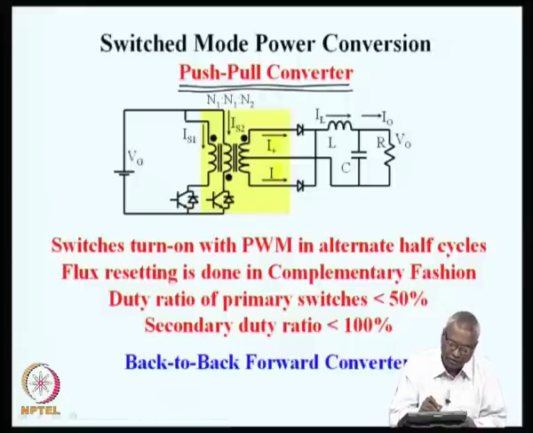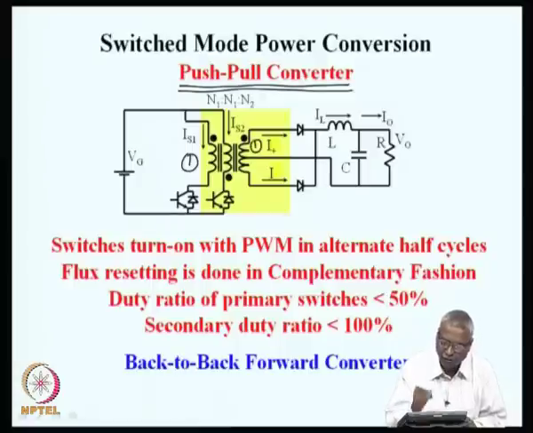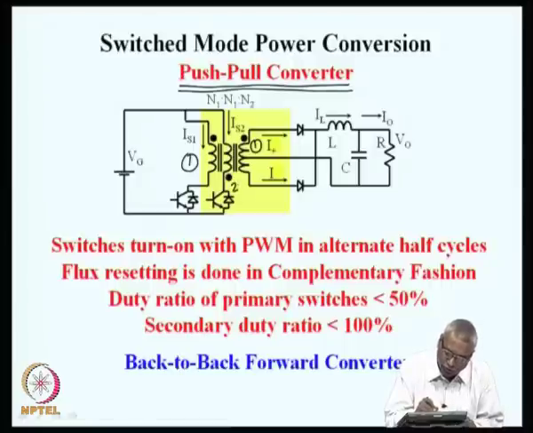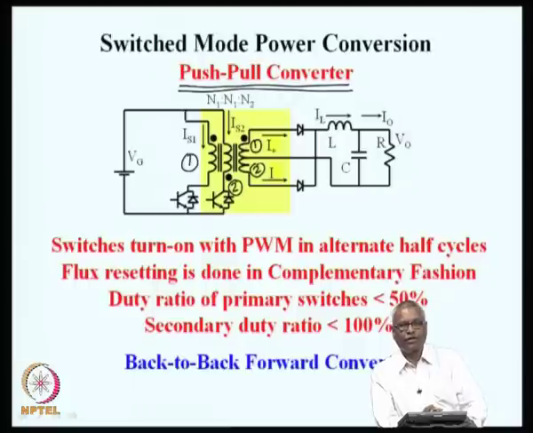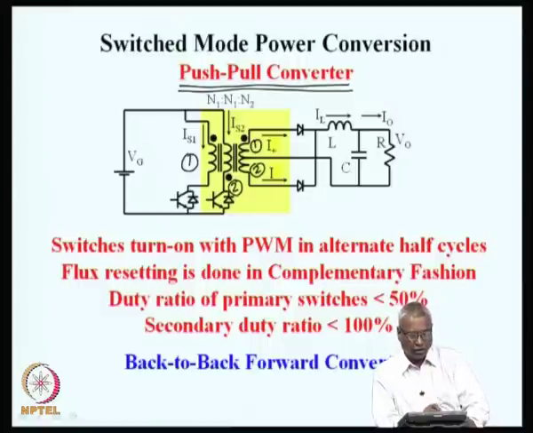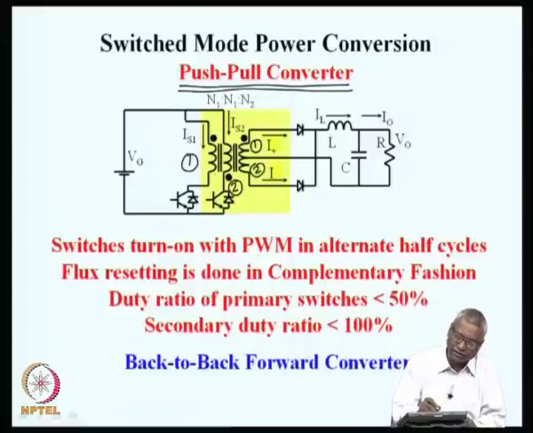For example, this winding 1 and this top half forms one forward converter, and then winding 2 and the bottom half forms the second forward converter, and both these forward converters are interleaved in the same transformer by two switches here. So, we will see the waveforms now. Effectively, the push-pull converter is really two forward converters connected back to back using the same magnetization circuits. The transformer is the same.